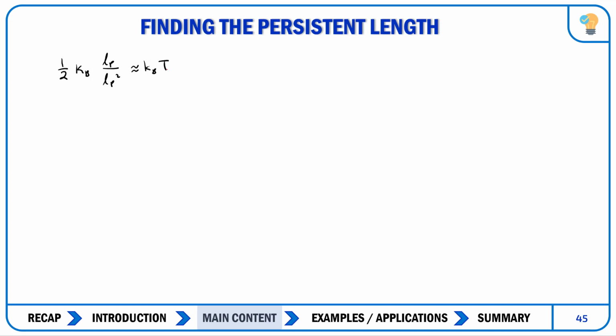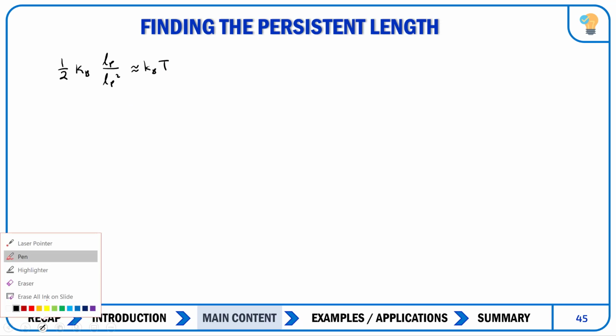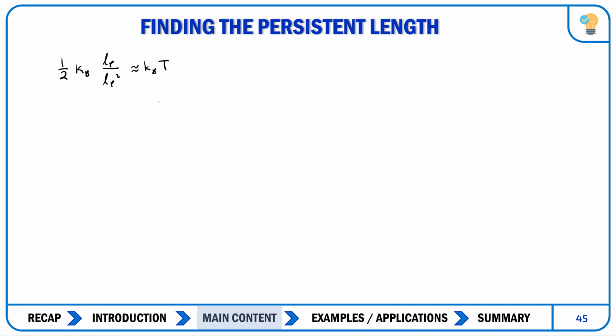So try and think of where this comes from. Try and take a look at one of the previous cases for delta L compared to LP and try and figure out where we took that from and why. It might be a good question to answer.